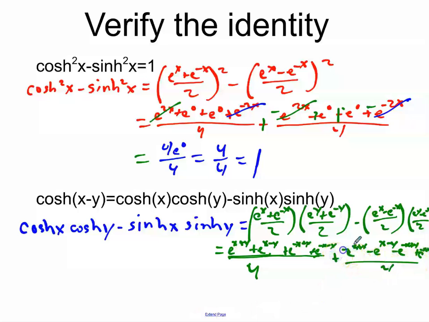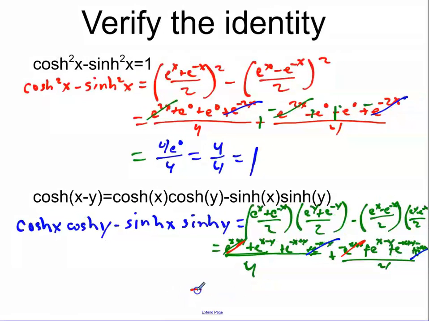Again, to subtract those, I can change the signs here. And that's going to cause those to cancel, which gives me 2 e to the x minus y plus 2 e to the negative x plus y, all over 4.